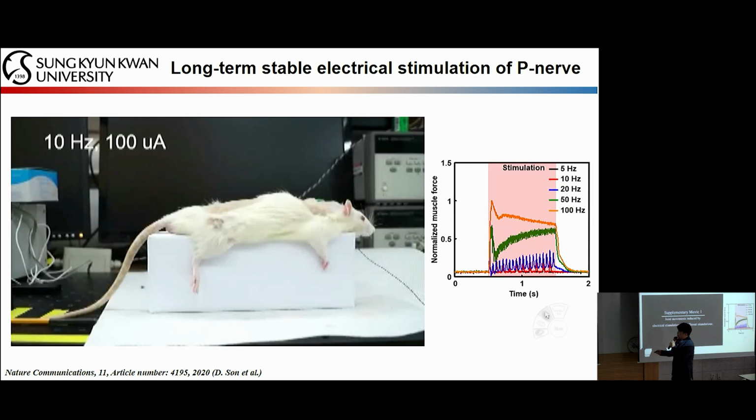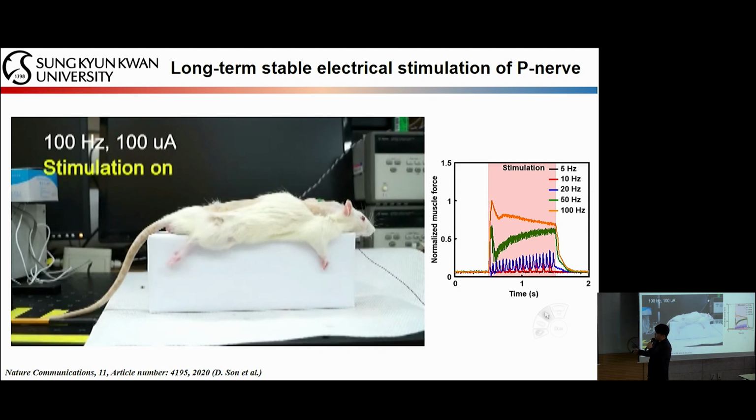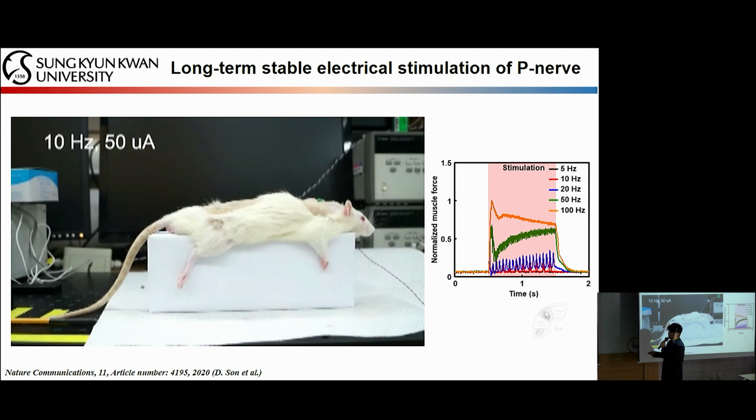And we can deliver electricity to the sciatic nerve of a rat. So as you can see here, we can control the movement of a joint of a rat, and we can control the frequency or amplitude of the current stimulation.